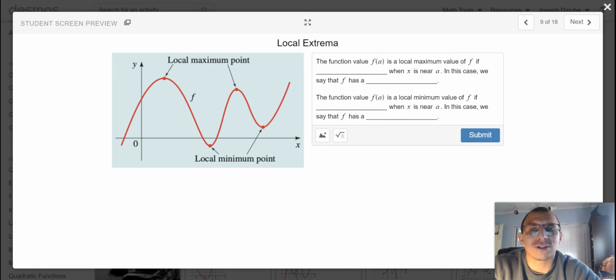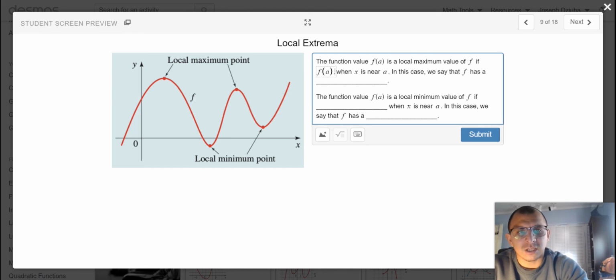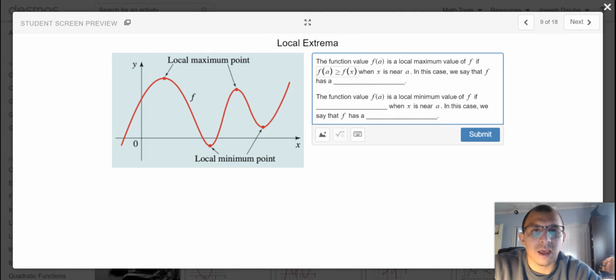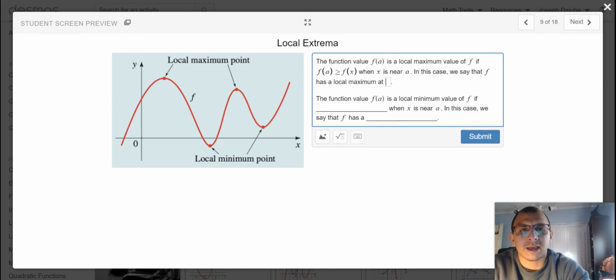Our local extrema, so maximum and minimum values, occur when we have instances where a function value, f of a, is greater than or equal to all of the function values when x is near a. In this case, we say that f has a local maximum at x equals a.